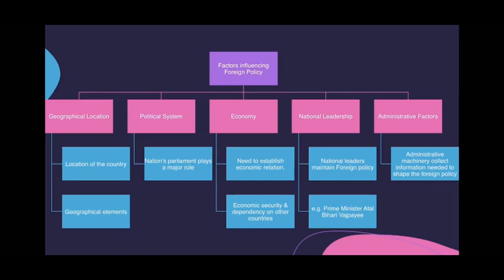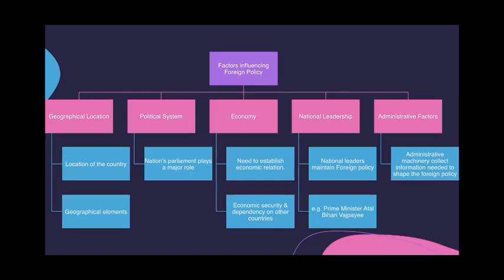The next factor is national leadership. National leaders maintain foreign policy. Now, who are these national leaders? We are talking about the president, the prime minister, the different ministers like the defense minister, foreign minister, finance minister, all these are national leaders. Now, these people maintain foreign policy and they try to improve upon it.